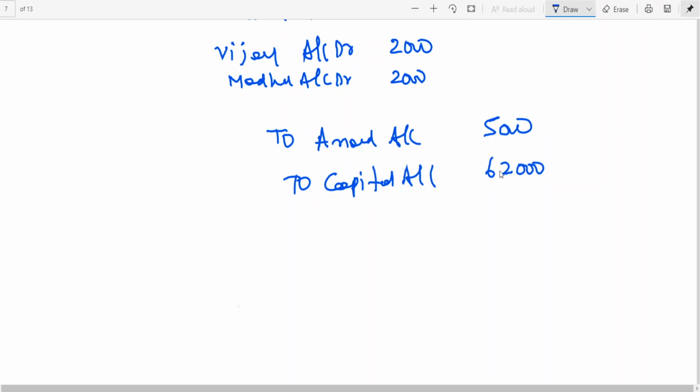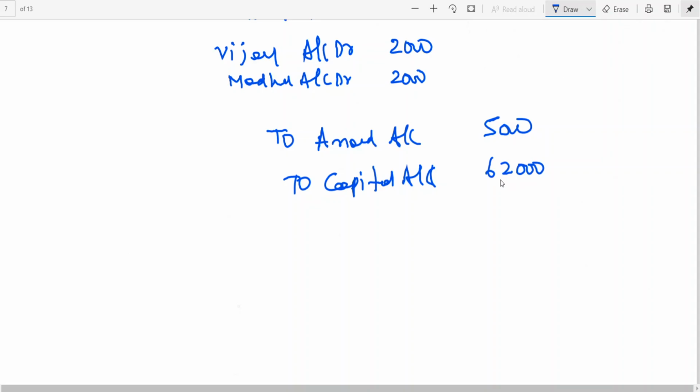Actually it has been given as 55. I have added as 62. No, I told you, asset must always equal liability, or we can take other current liabilities or sundry liabilities also, but I am adding to capital assuming that this is missing.